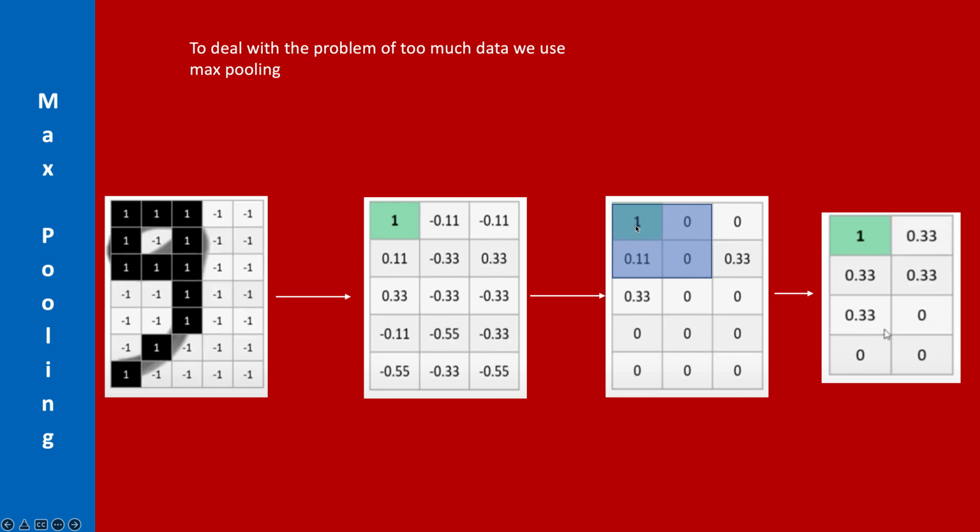Then it will go a bit to the right, so 0, 0, 0 and 0.33. So the largest value is 0.33. So it uses that, and so it has scaled this 3 by 5 table into a 2 by 4 table. This reduces the total computation that our model has to do.